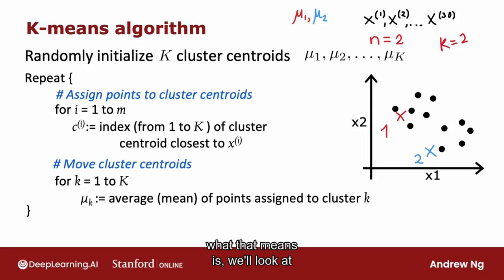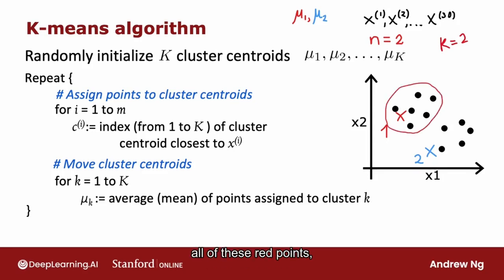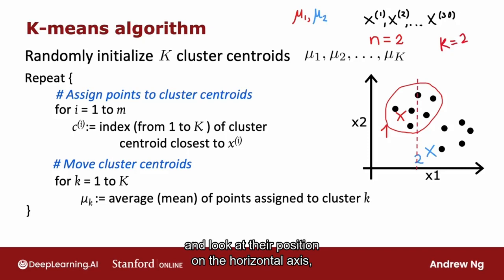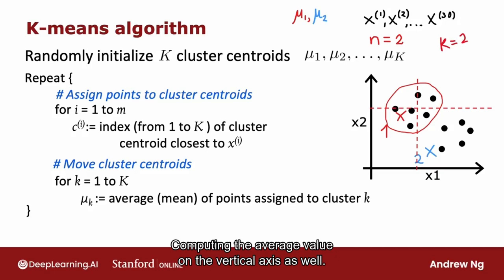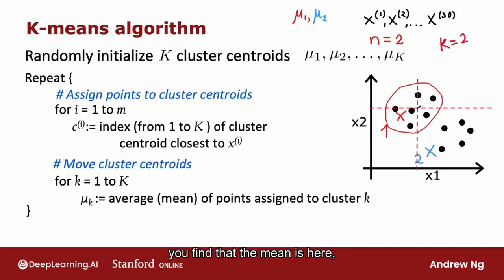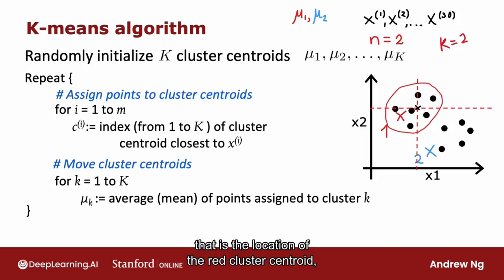Concretely, what that means is we'll look at all of these red points, say, and look at their position on the horizontal axis, look at the value of the first feature x1 and average that out, and compute the average value on the vertical axis as well. And after computing those two averages, you find that the mean is here, which is why mu1, that is the location of the red cluster centroid, gets updated as follows.